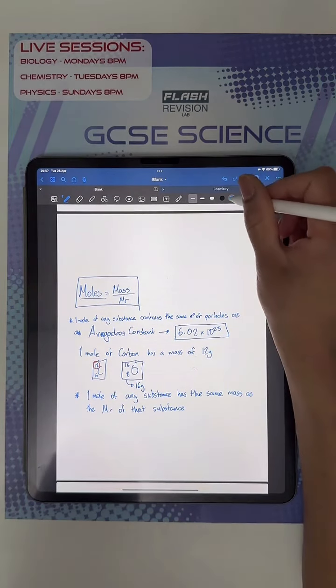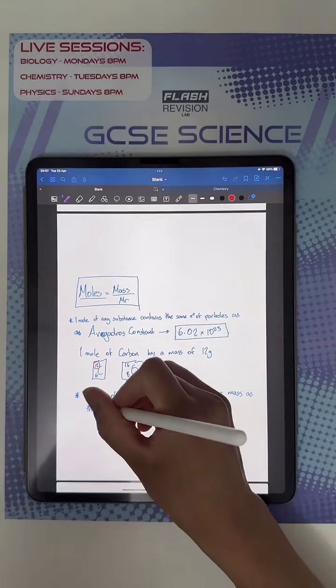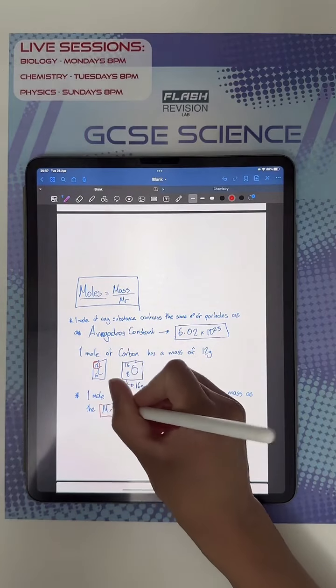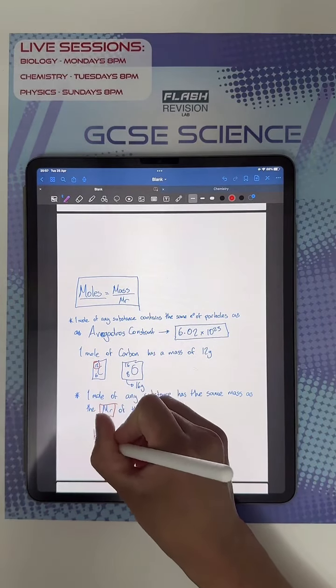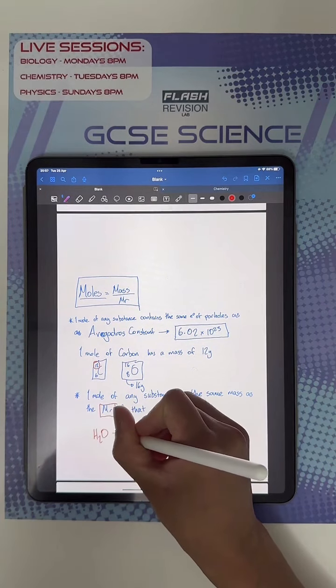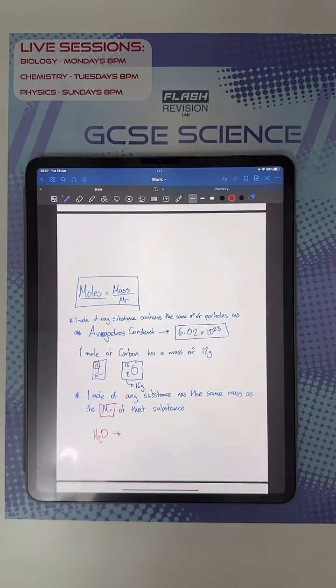MR, how do you find out the MR of a substance? So like if we had H2O, for example, if we wanted to work out the MR of H2O, how would you work that out? So you add up the atomic mass of each element. Good. So you go to exactly 18.